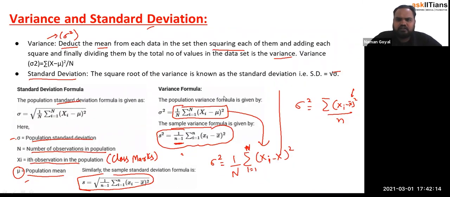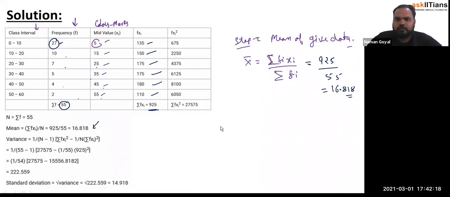Now see, in this question we have to use a formula. If you see in this solution, they use another formula, but we are going to do this question by a proper formula, which we learned now. So the formula is, we have to draw the table for xi minus x bar square, right?